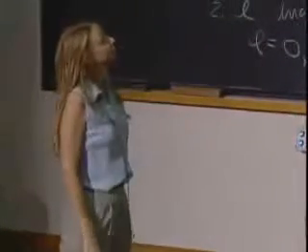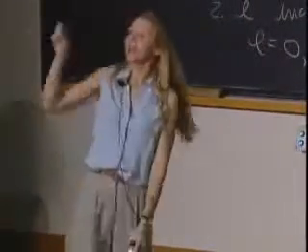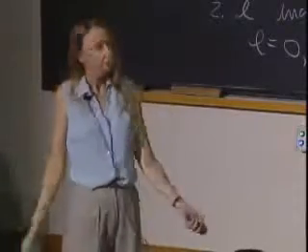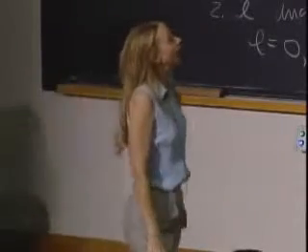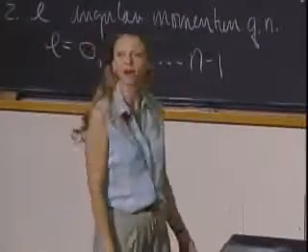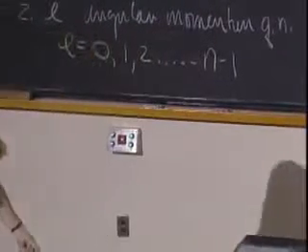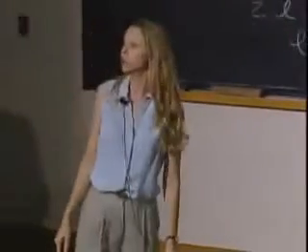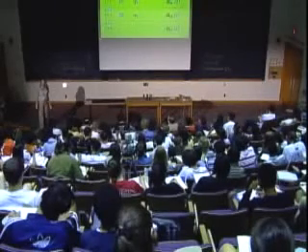Now, if n is equal to 2 and L is equal to 1, what's the next larger value of M? 0. And so we've got a 2, 1, 0 state. Again, the wave function for an electron in that state we label as psi 2, 1, 0. And then finally, when n is equal to 2 and L is equal to 1, what's the final possible value of M? Minus 1.